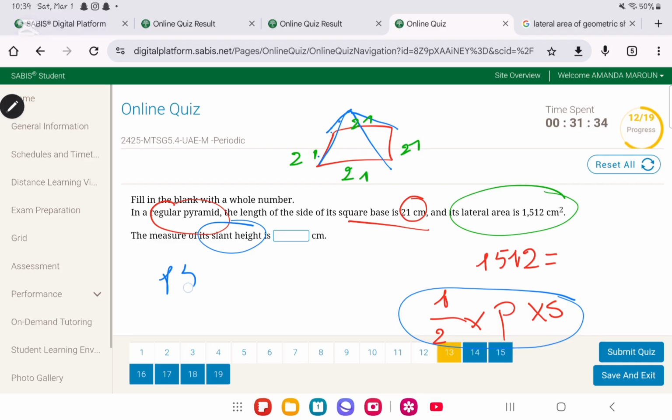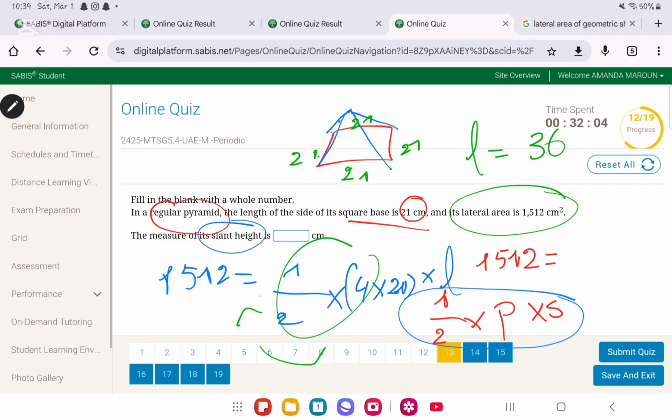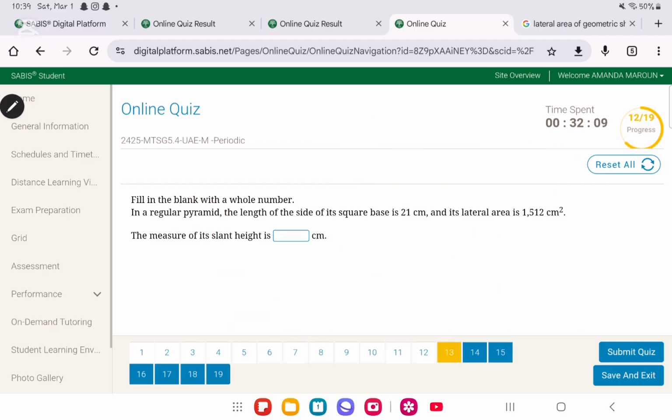So 1512 is equal to 1/2 times the perimeter of the square base, so it's 4 times 21, times the slant height S, or L. I prefer to denote it by L. Then it becomes 1512 divided by 1/2 times 4 times 21, and you are going to get that the slant height L is equal to 36. So the answer over here is 36 centimeters.